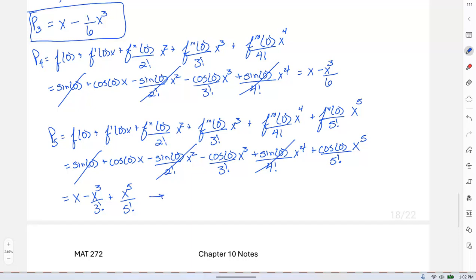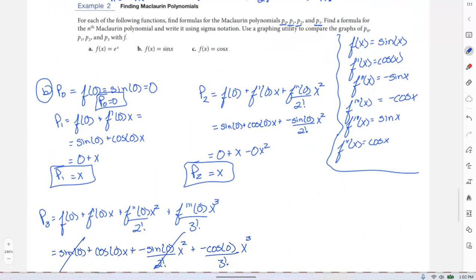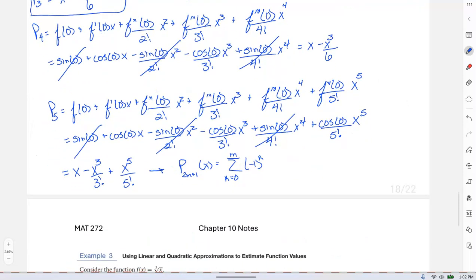So this pattern, if I want to figure out what the odd terms are going to look like, P sub, I'll call it 2m plus 1 polynomial, is going to be the sum, k equals 0 to m, of negative 1 to the k, because the signs are alternating. And that has to do with how the signs of the derivatives are alternating. And it's going to have that same highest exponent as what this subscript would be.